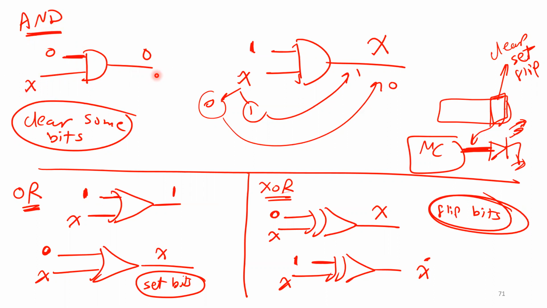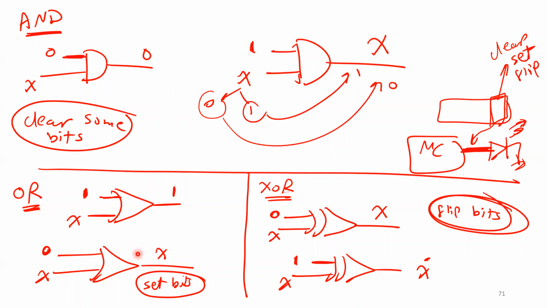Maybe you learned it a little differently, but if you look at the truth table you learned before, it will be similar to what I'm explaining here. Also, if one bit is 1 and the other bit is X, the result is X. I mean, if this is 0, I'm going to get 0. If this is 1, I'm going to get 1. Is that okay? This is how AND works.